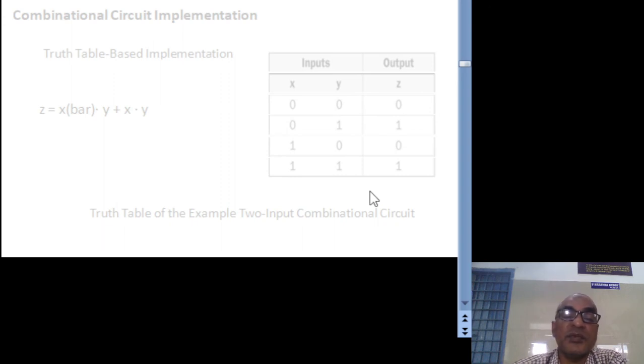Next, coming to another topic, it is actually the implementation of combinational circuits using lookup tables. The lookup table is part of the CLB, the configurable logic block in FPGA.